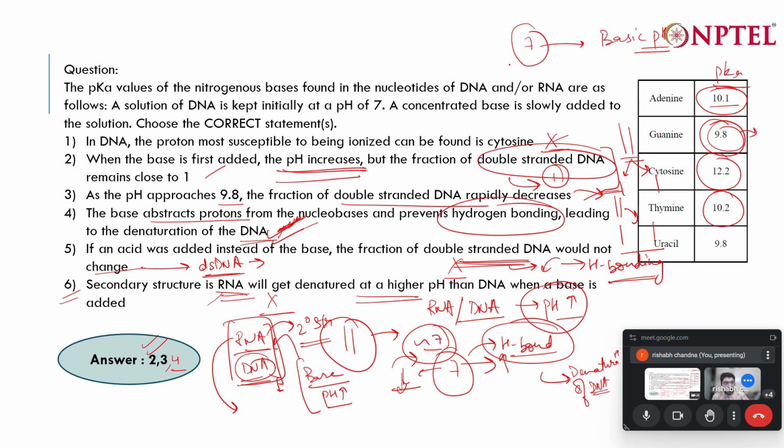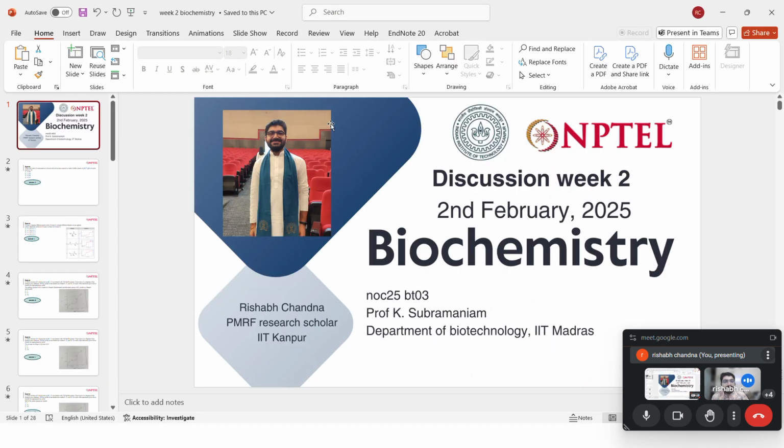Now, for example, if we take adenine, the pKa of adenine is 10.1. If we add a base and the pH goes to 12, now the pH is greater than the pKa value, so it will release its hydrogen ion.